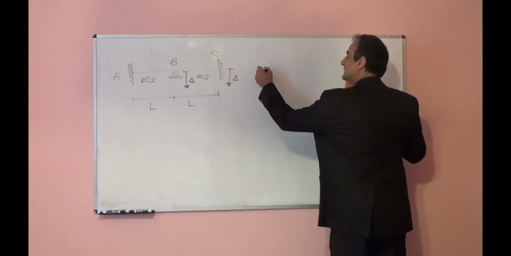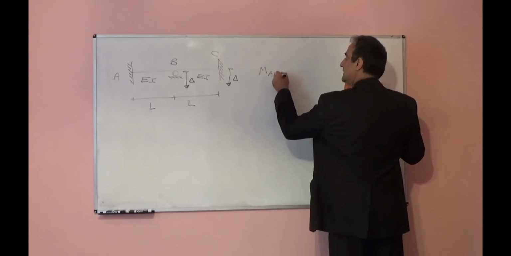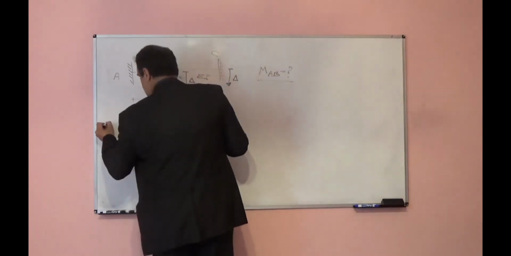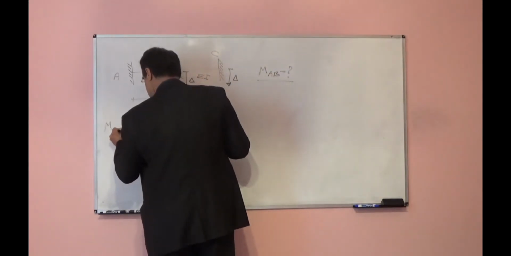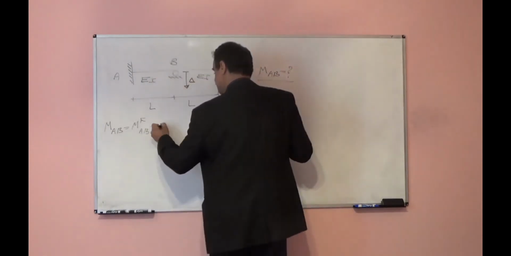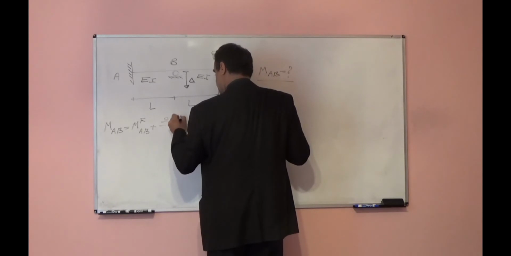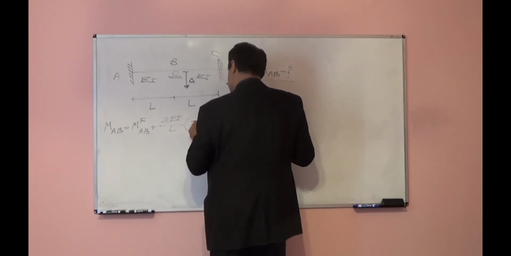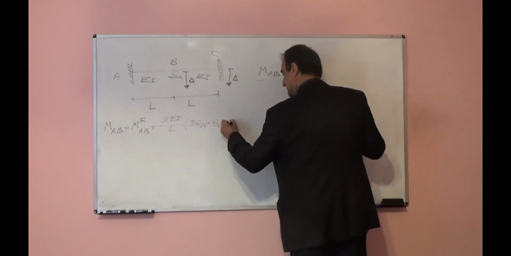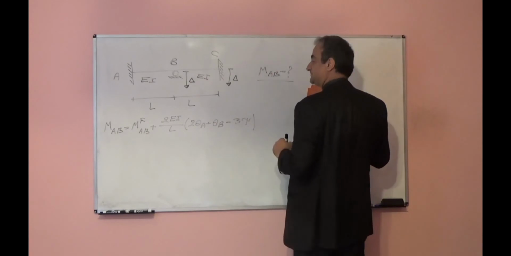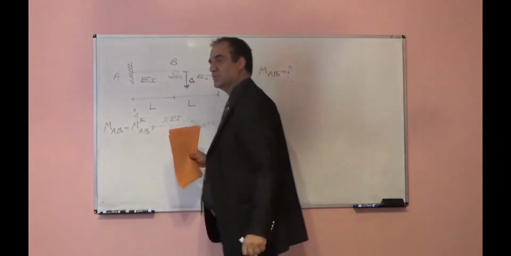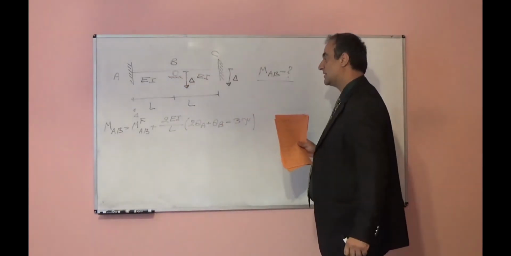We want to find MAB, the reaction at support A. We know MAB is equal to M fix AB plus 2EI over L times (2 theta A plus theta B minus 3 psi). M fix AB here is equal to 0 because we don't have external load.